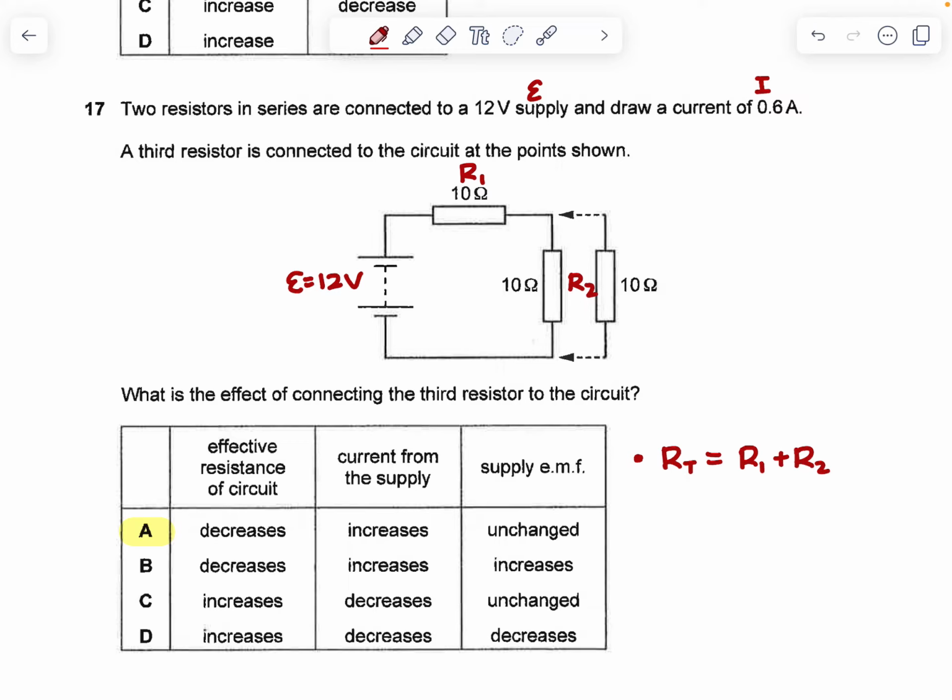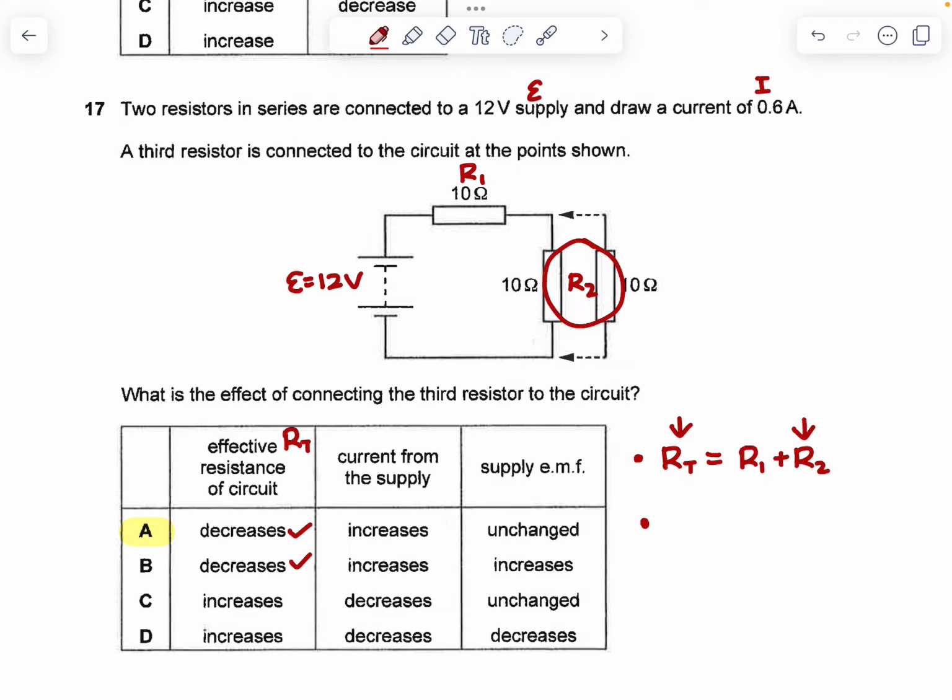Okay, the first thing, RT is actually equals to total resistor equals to R1 plus R2. If you add more resistors in parallel to R2, what will happen is that you will reduce the resistance of R2 as a whole when you add more resistors in parallel. So if the resistance of R2 goes down, resistance of RT, which is total resistance, decreases. So first part, total resistance decreases, RT.